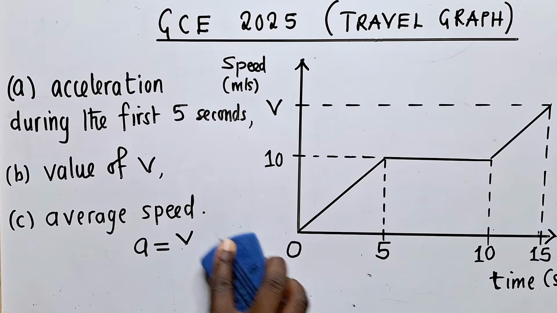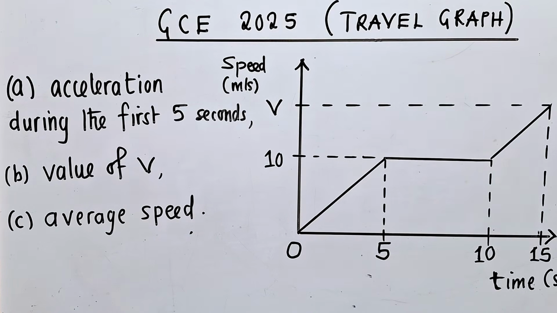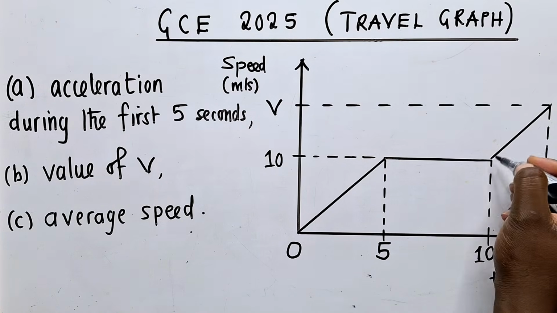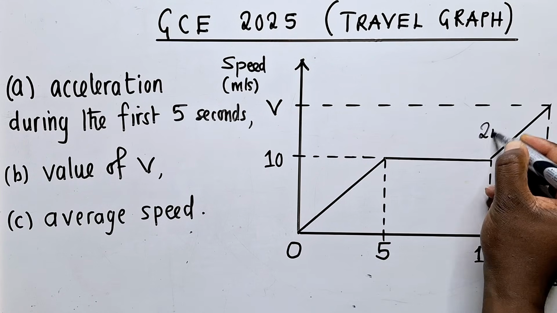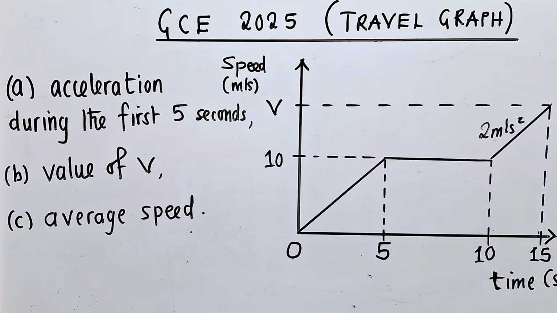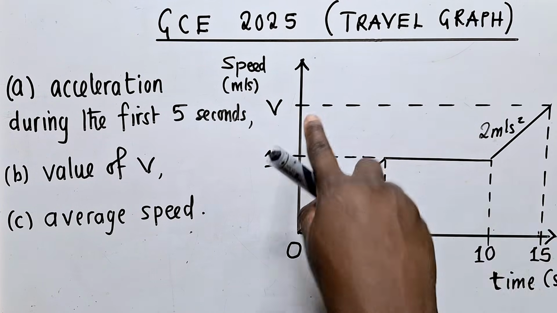For the next question here, they want us to find the value of v right here. For the value of v to be found, we're supposed to understand the statement. In the question, they have said the acceleration from here to here is 2 meters per second squared. So we're going to take advantage of this acceleration to help us find the value of v.